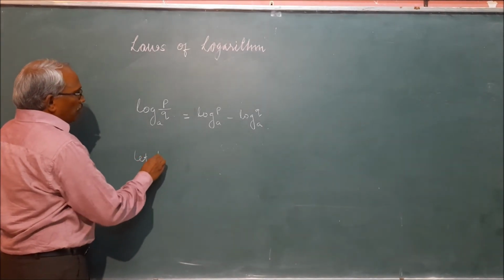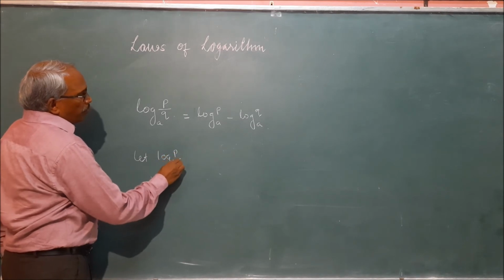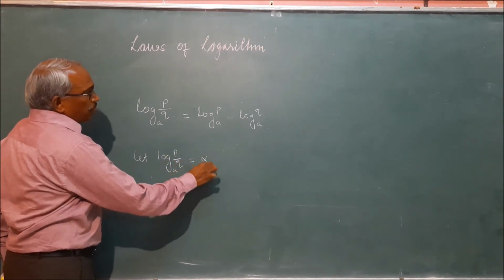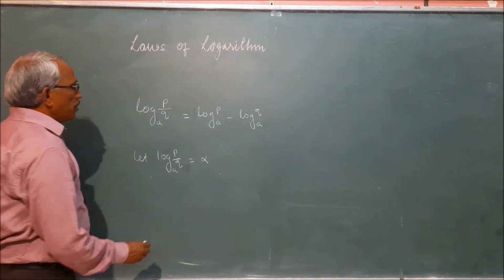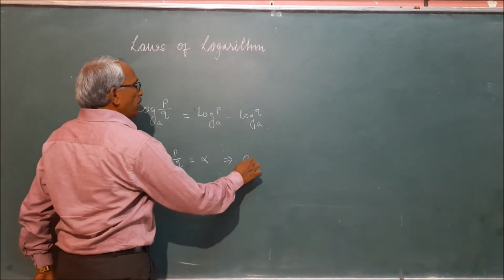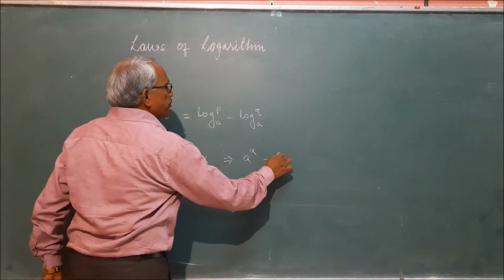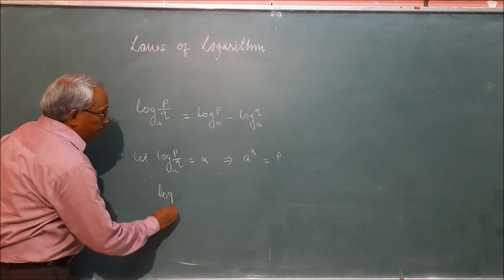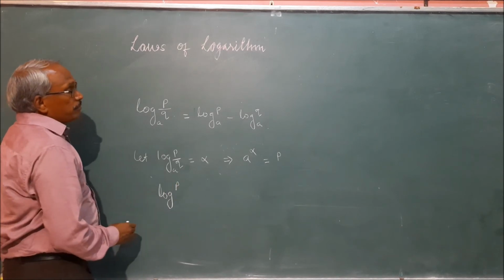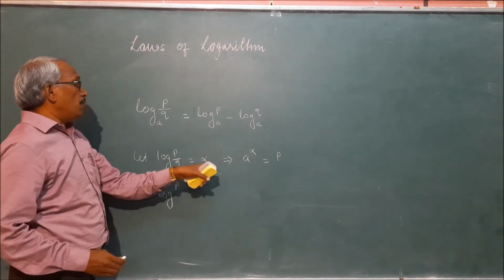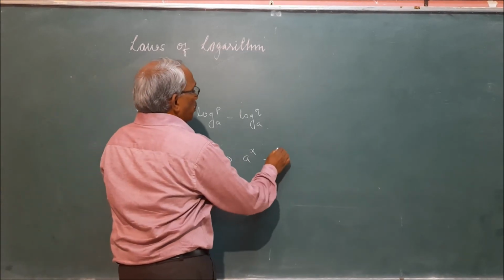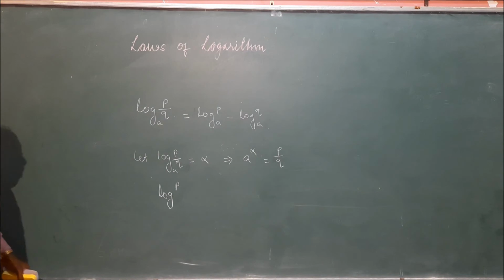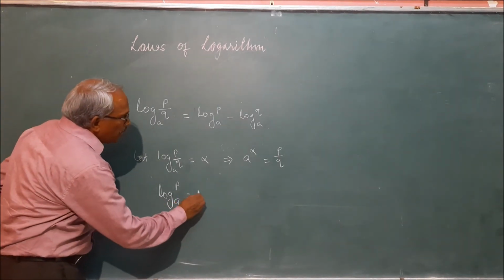Let log of P upon Q to the base A is equal to alpha. So this implies A raised to alpha is equal to P upon Q. So log of P to the base A is equal to beta.